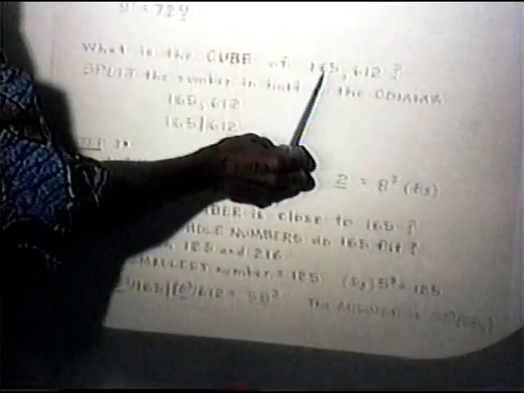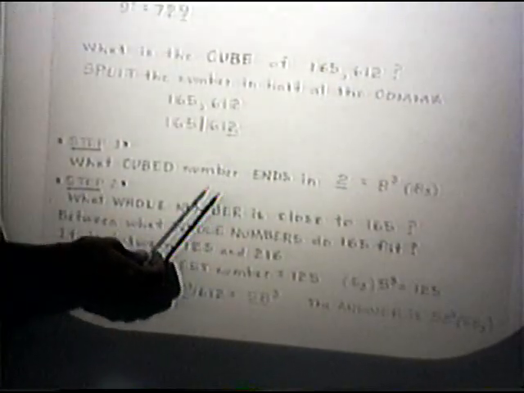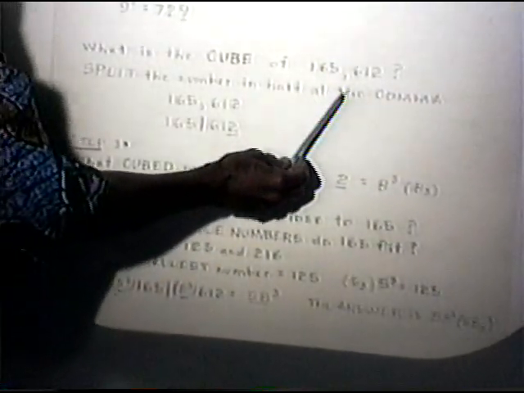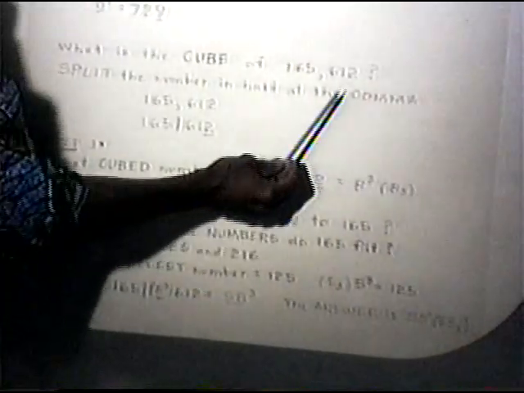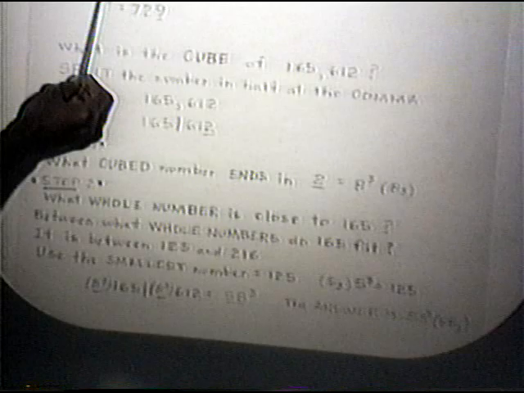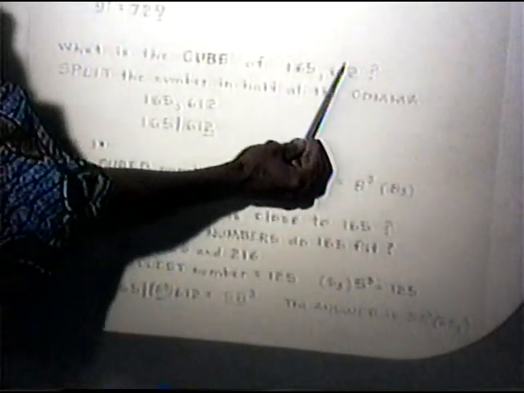So the cube root of the number 165,612, remember we looked for the 2 and found out that the cube of 8 ends in 2. So that gave us our first number, 8.